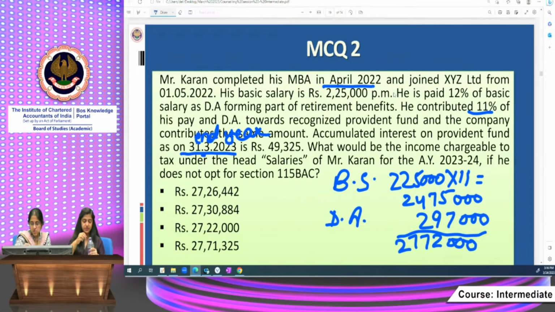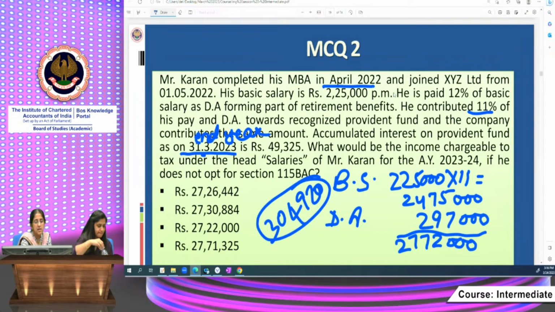So that comes to 304,920. 11% of 27,72,000 comes to 304,920. This is the employee's contribution. An equivalent contribution of 304,920 the employer is also making.